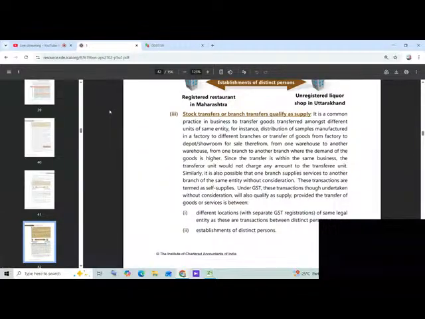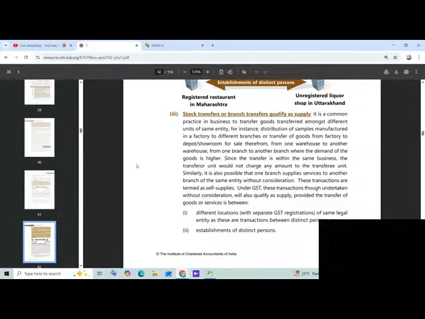Stock transfers or branch transfers qualify as supply. It is a common practice in business to transfer goods amongst different units of the same entity. For instance, distribution of samples manufactured in a factory to different branches, or transfer of goods from factory to depot or showroom for sale therefrom, from one warehouse to another warehouse, from one branch to another branch, where the demand of the good is higher.